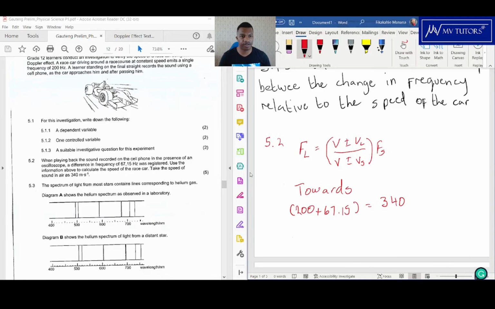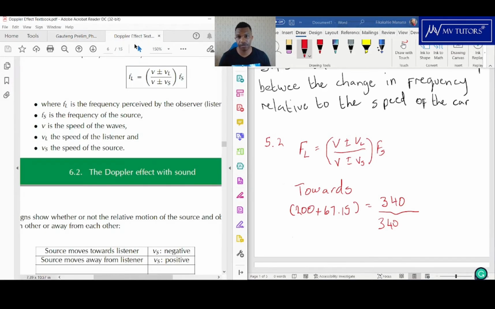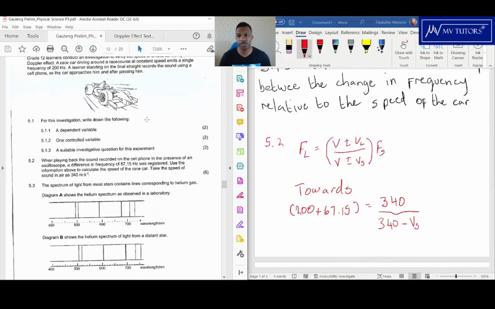We're just going to leave it at 340, because the listener is standing, so there's no velocity there, divided by the same 340. Now if we look at the formula once again, it said if it's coming towards, then Vs has to be negative, so we'll have a negative Vs over there. All of this multiplied by the frequency of the sound on its own, which it's emitting, I'll put it on top there, is just 200.